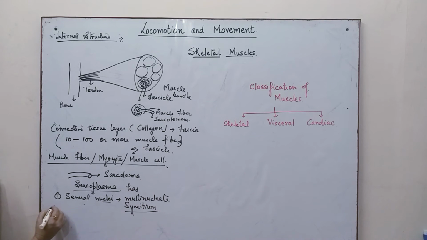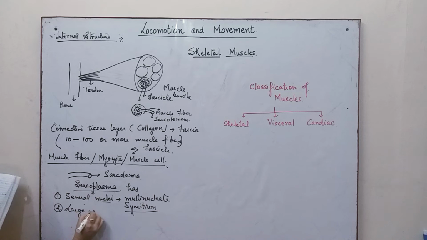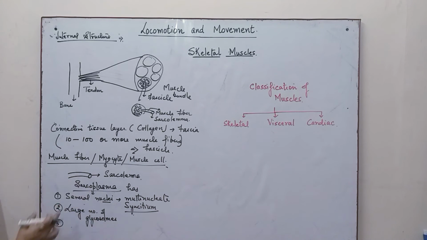Also, it has a large number of glycosomes. Now, these glycosomes store the glycogen, which provides energy during muscle movement. Another important thing is the endoplasmic reticulum, which is present over here, known as sarcoplasmic reticulum.